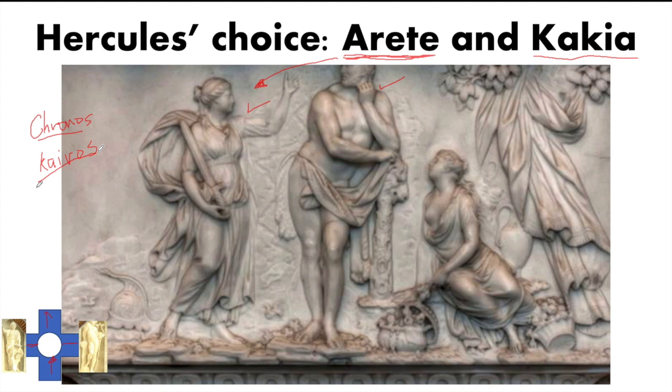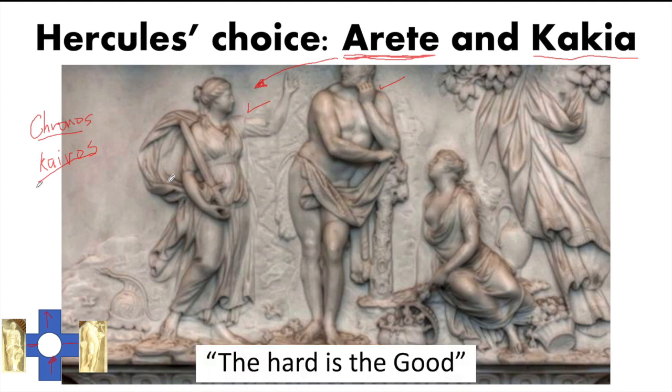So what Hercules was going through at this moment was his kairos, and there are many opportunities to take the high road in their way. But it is really the high road in that it's going to be a harder road. And she explained that to him at the beginning, but he still chose it. So this gets to the Greek concept of the hard is the good.